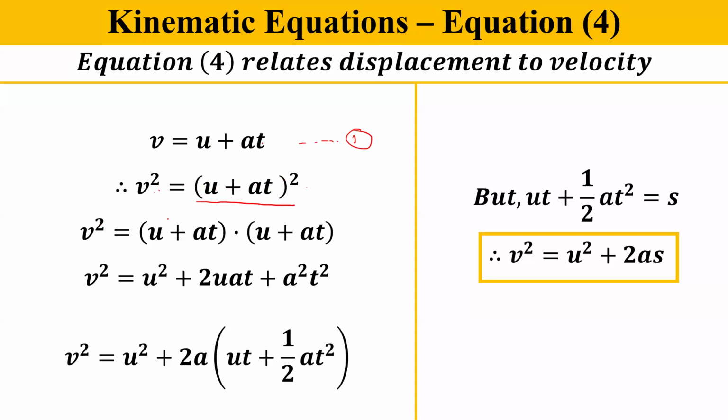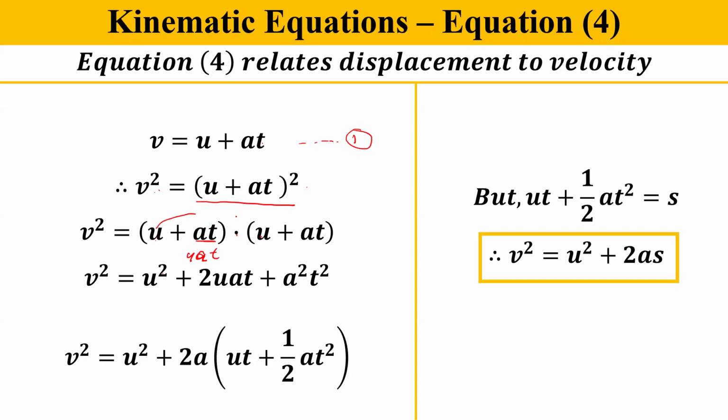So you're going to get (U plus AT) times (U plus AT). Now, all you do here is U times U gives you U squared, and then U times AT gives you AUT.